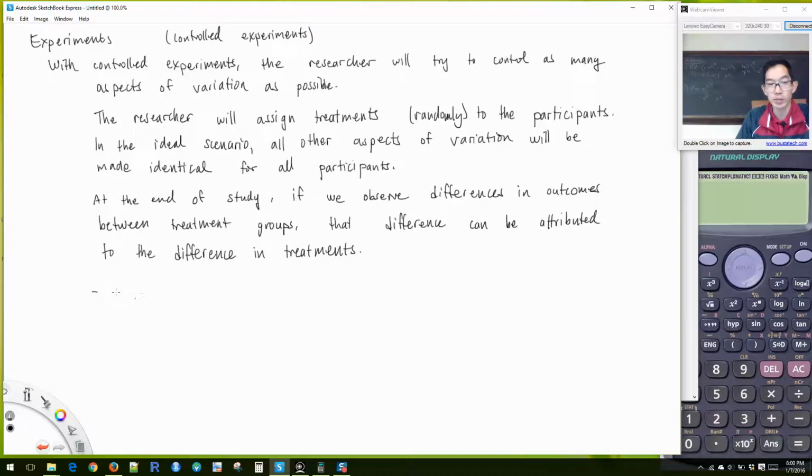But experiments are not always possible. So let me just say, with a properly done experiment, we can make cause and effect conclusions.